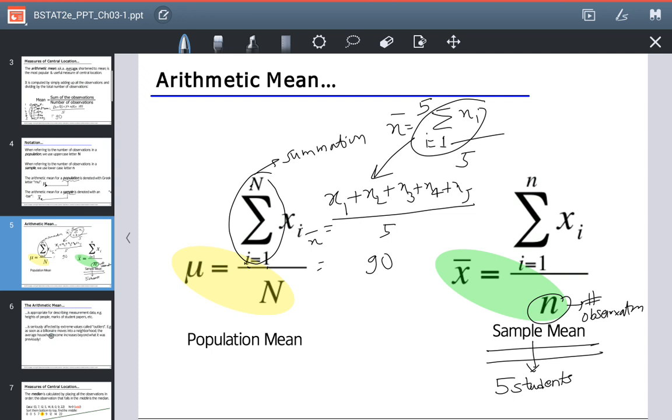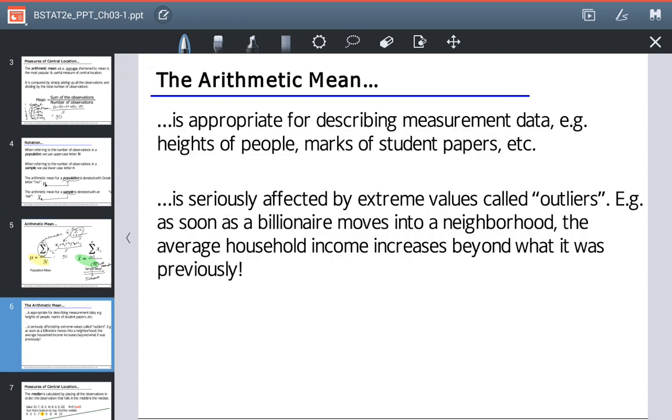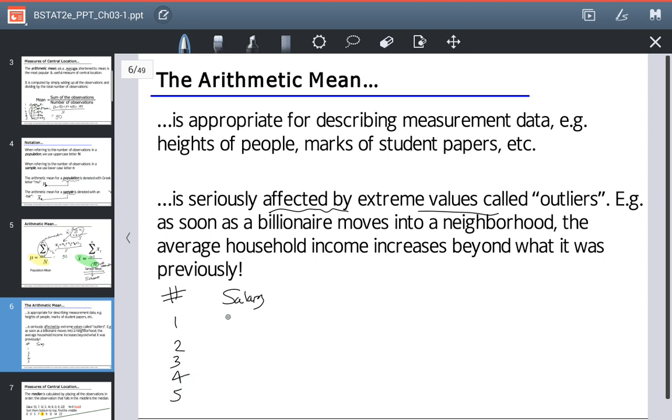Now the problem with arithmetic mean is it might be highly influenced or affected by extreme values. So one quick example to look at that is, let's say you have the salaries of 5 individuals. Again, 1, 2, 3, 4, 5. Let's say this is 20,000, 30,000, 40,000, and 10,000.